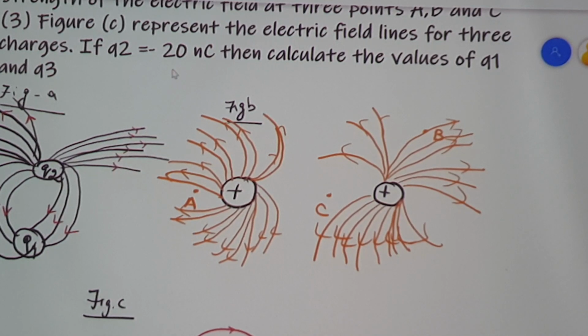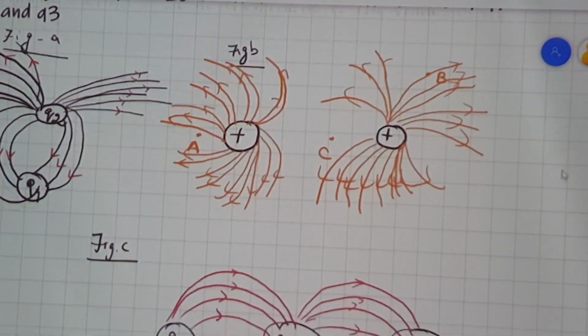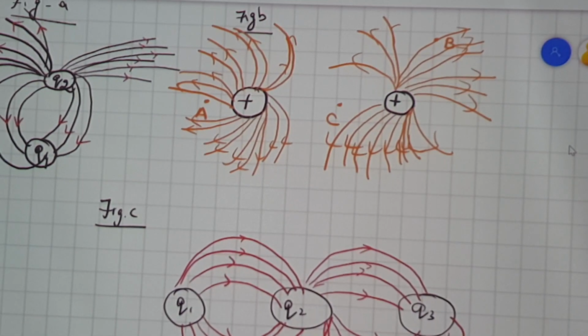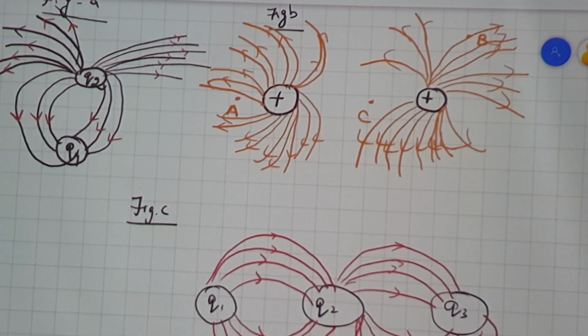If Q2 equal to minus 20 nanocoulomb, then calculate the values of Q1 and Q3. So these are the problems or diagrams that were being given. Let us consider them one by one.